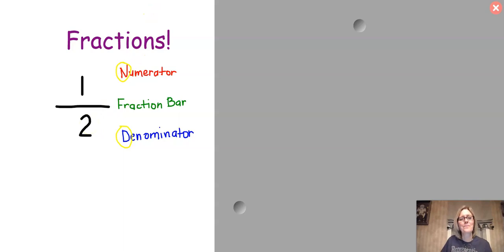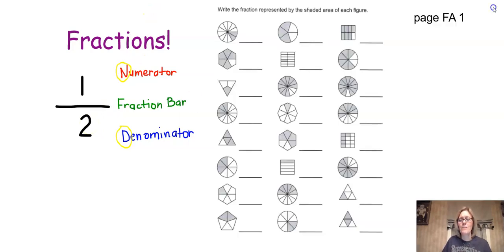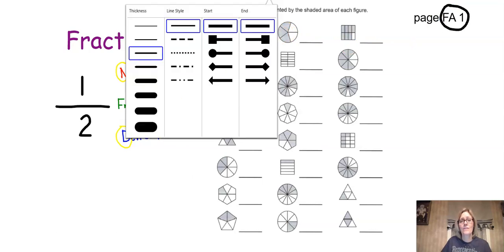So I want to uncover my page over here, and if you look on your very first page, it's called FA1, and these letters and numbers right here are written at the bottom of your page. So FA1 is the page that I'm working on right now.